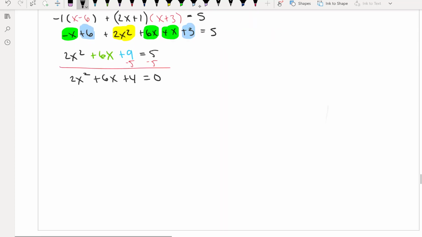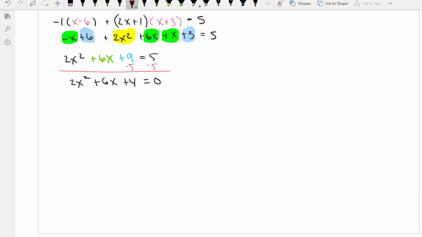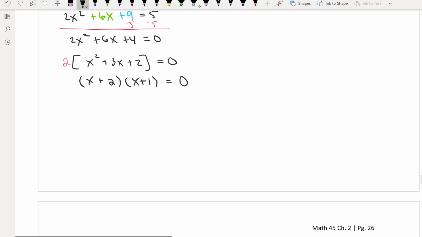And when I do this, I see that each term is divisible by 2, so that's going to be my GCF. My GCF is a 2. So I'm going to factor that out. I would get x squared plus 3x plus 2 is equal to 0. So that makes it a lot easier to factor. What multiplies to 2 is 2 times 1, and if they're added together, it adds up to 3.